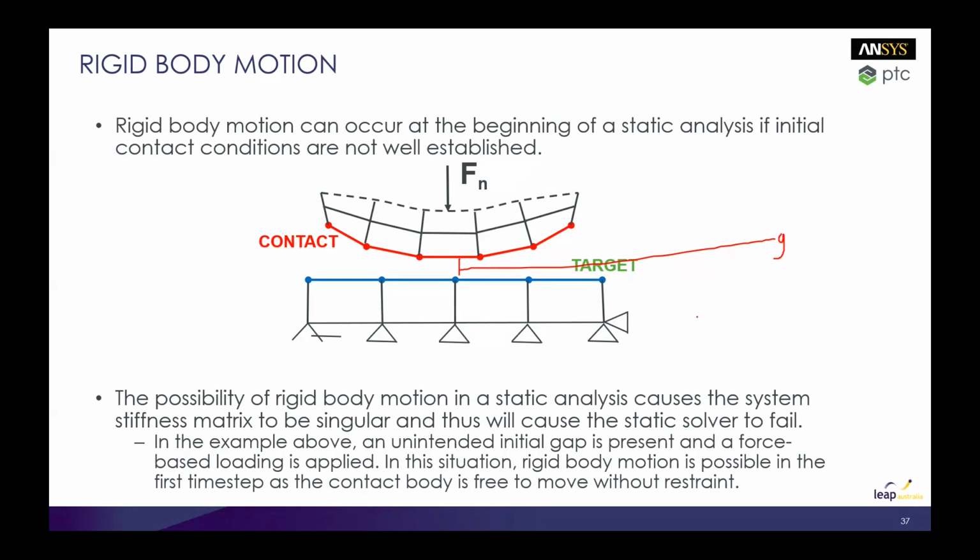When we're solving a static analysis, each node has to have a stiffness path to ground. Because this body is free floating, there's essentially no stiffness path to ground. So the stiffness matrix is singular, and we can't invert it. Therefore, we can't get a solution. This body can move without restraint.